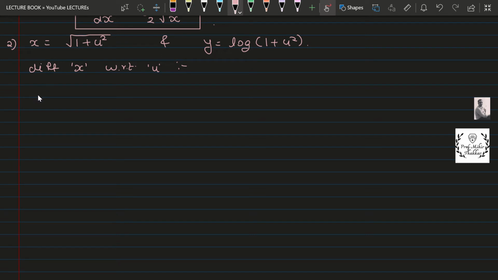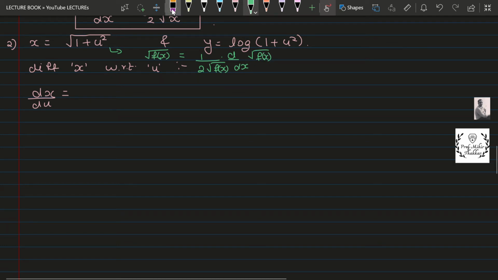So the left hand side will become dx by du, and on the right hand side you have to use the formula for root of f(x). What is the derivative of root f(x)? It is 1 upon 2 root f(x) multiplied by the derivative of f(x), in fact, not root f(x).